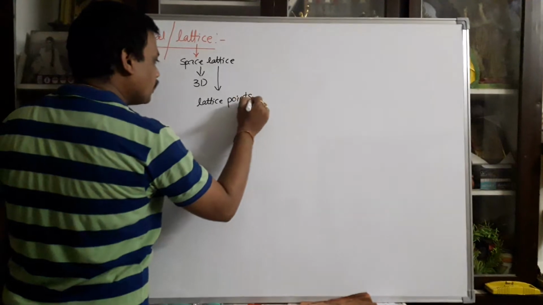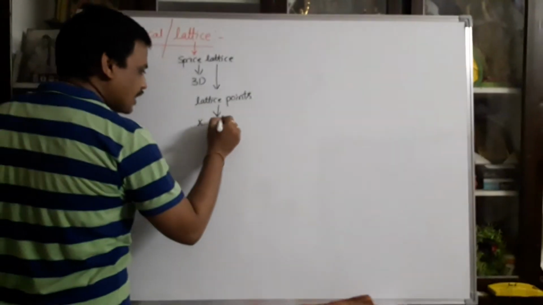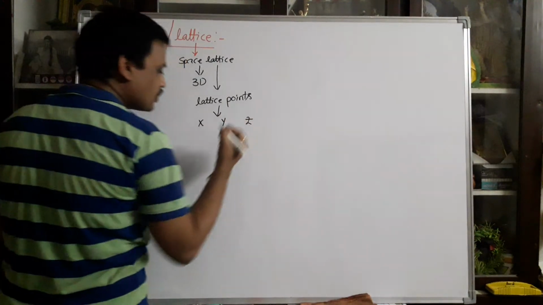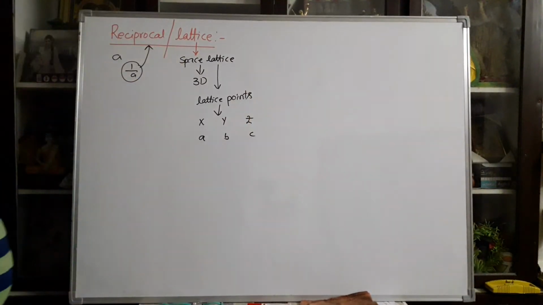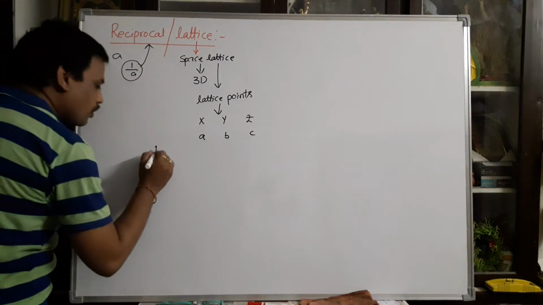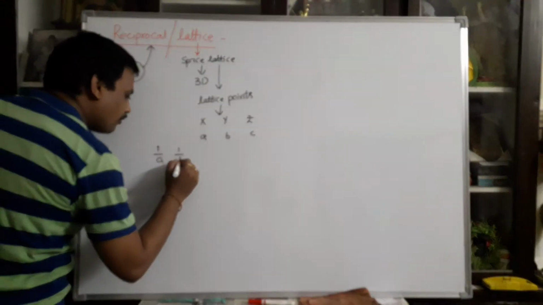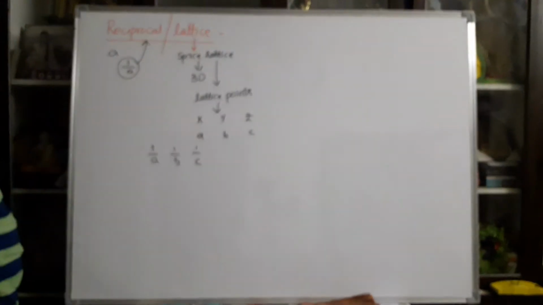In a three-dimensional point of view, along the x direction, y direction, z direction, you can represent the lattice points as A, B, C. You can take the reciprocal of these lattice points, that is 1 by A, 1 by B, 1 by C. These are called the reciprocal lattice.